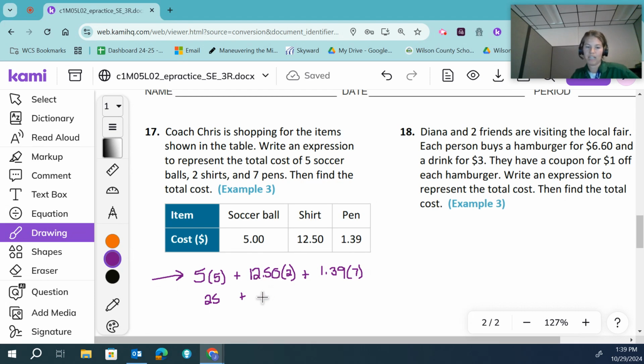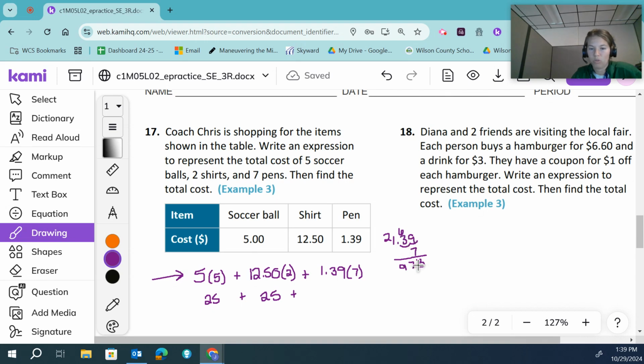12.50 times 2 is 25. And 1.39 times 7, I can do my little work out here. 9 times 7 is 63. Carry my 6. 7 times 3 is 21, plus 6 is 27. Carry my 2. 7 times 1 is 7, plus 2 is 9.